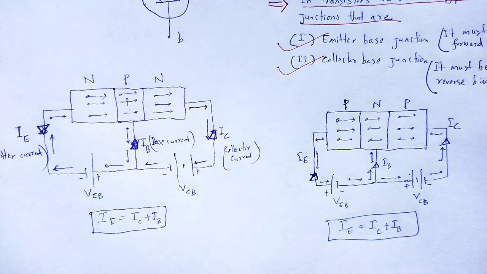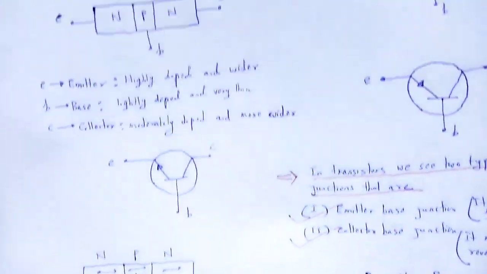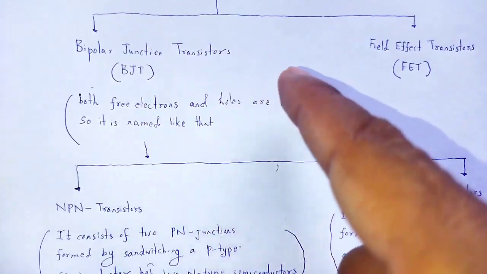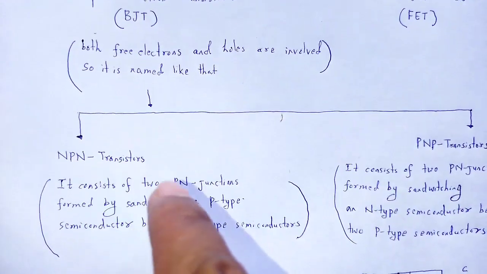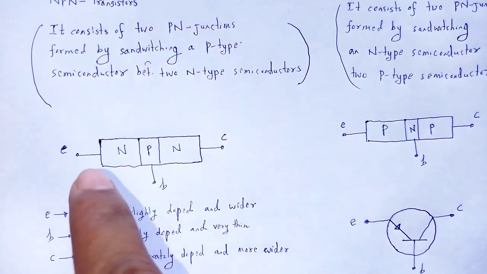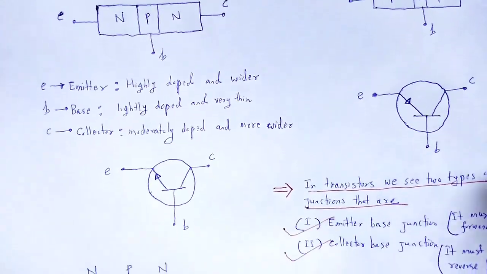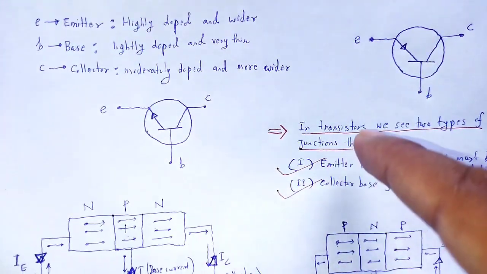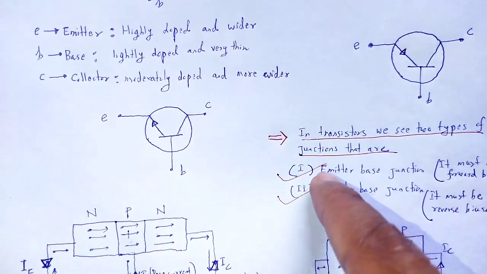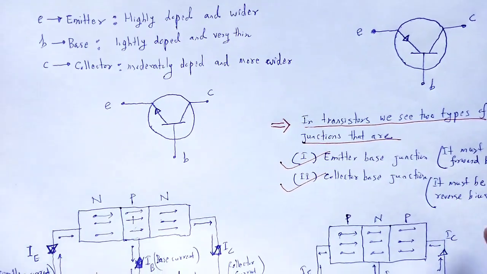Here are some basics of bipolar junction transistors. What is a bipolar junction transistor? It is classified as NPN transistor and PNP transistor. We showed the emitter, base and collector, its symbol, and the current flow mechanism, which holds good when the emitter base junction is forward biased and the collector base junction is reverse biased.